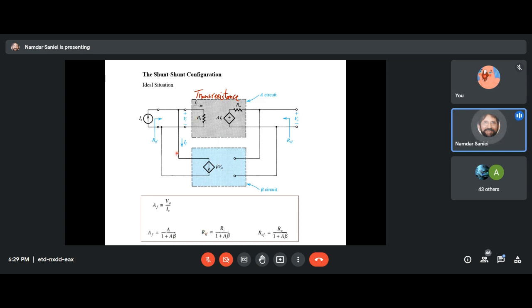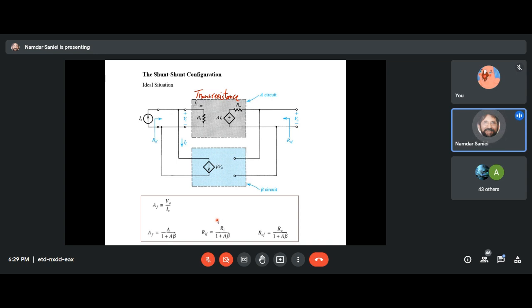As we have shunt connection on the input side and on the output, both input resistance and output resistance will have to be divided by 1 plus A beta to get the input resistance and output resistance of the entire network. So this was the ideal situation.